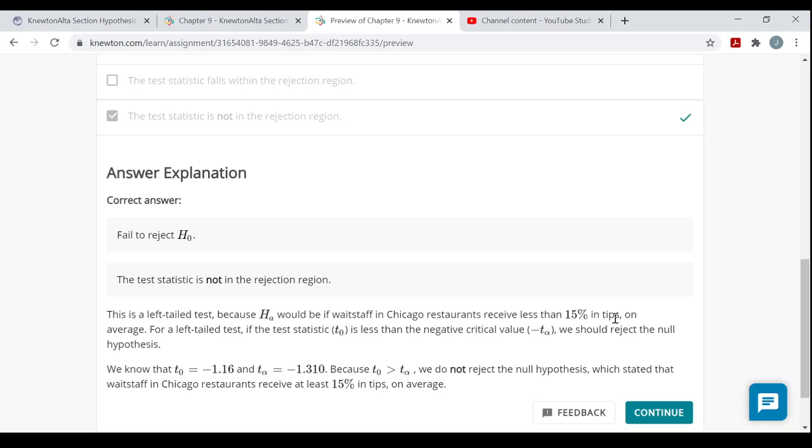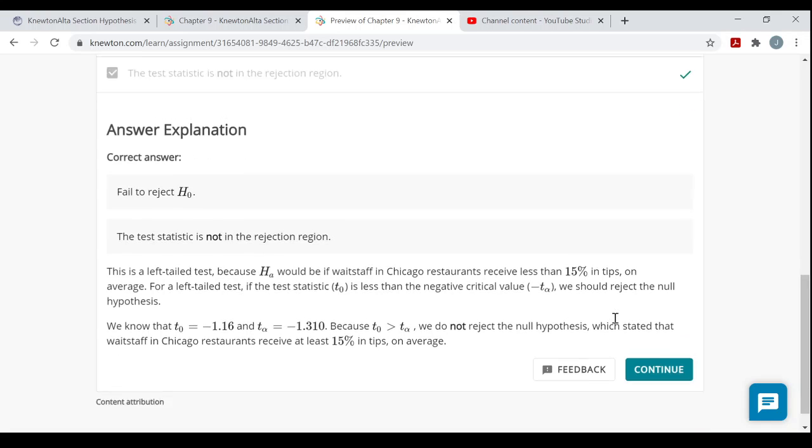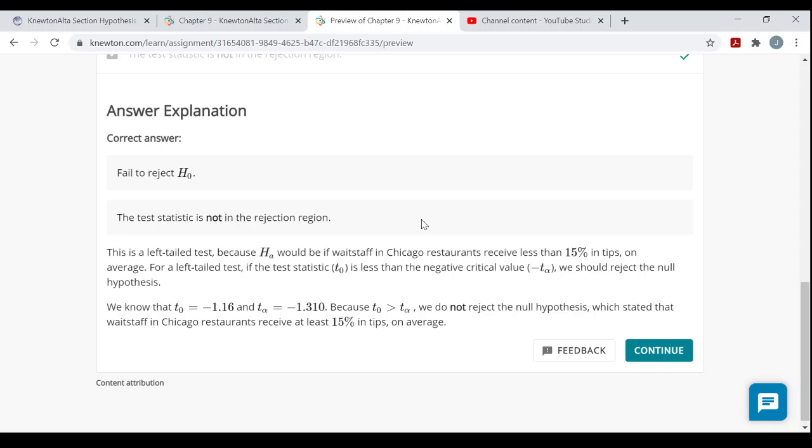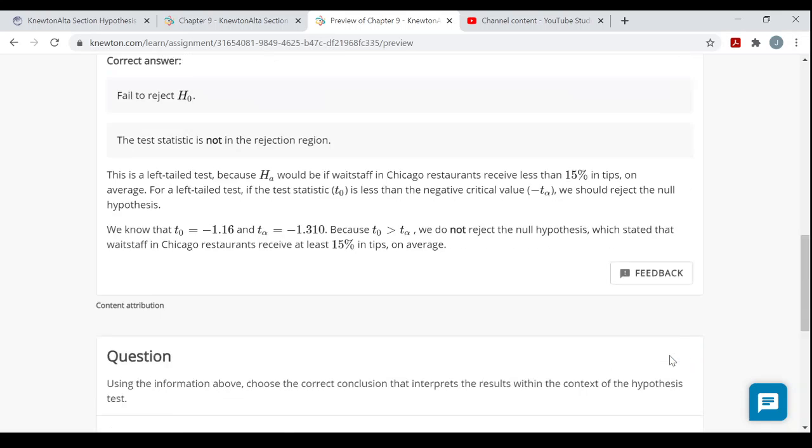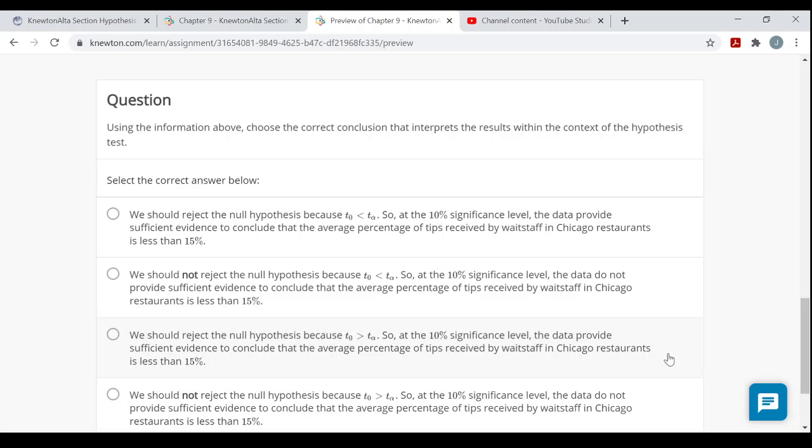So now that I've decided whether or not to reject the null hypothesis, and again, please read your answer explanations, they're going to have you interpret the results. Using the information above, choose the correct conclusion that interprets the results within the context of the hypothesis test.